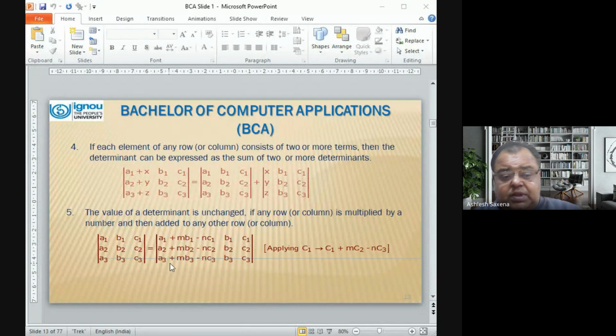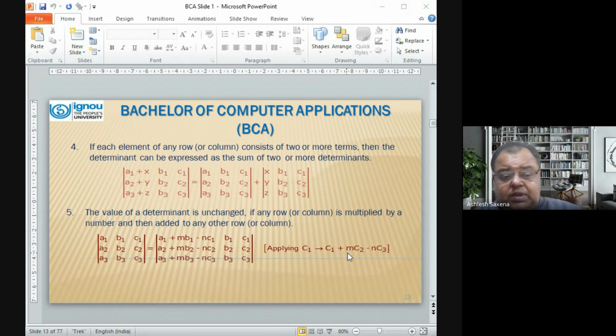Now, the next one: the value of a determinant is unchanged if any row or column is multiplied by a number and added to another row or column. Please see over here. This was the original matrix. What you have multiplied? You have multiplied C2 by m. That means the complete column will be multiplied by m.